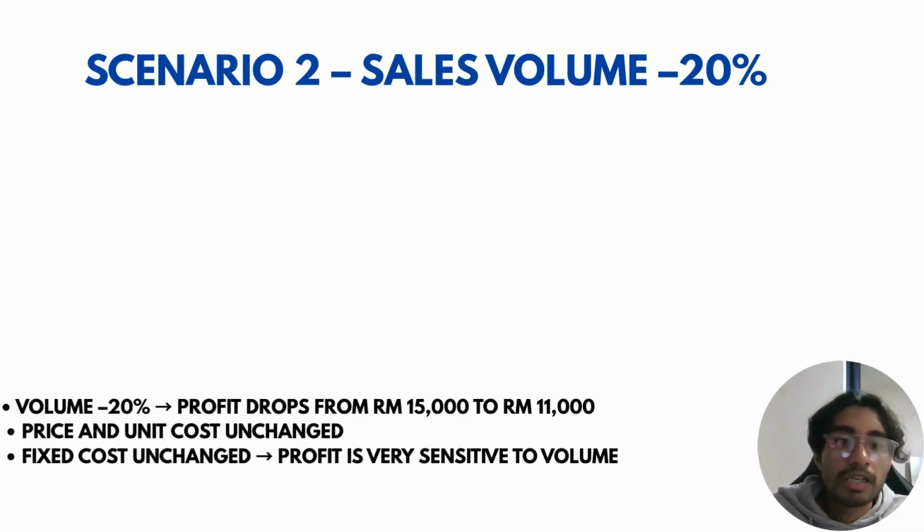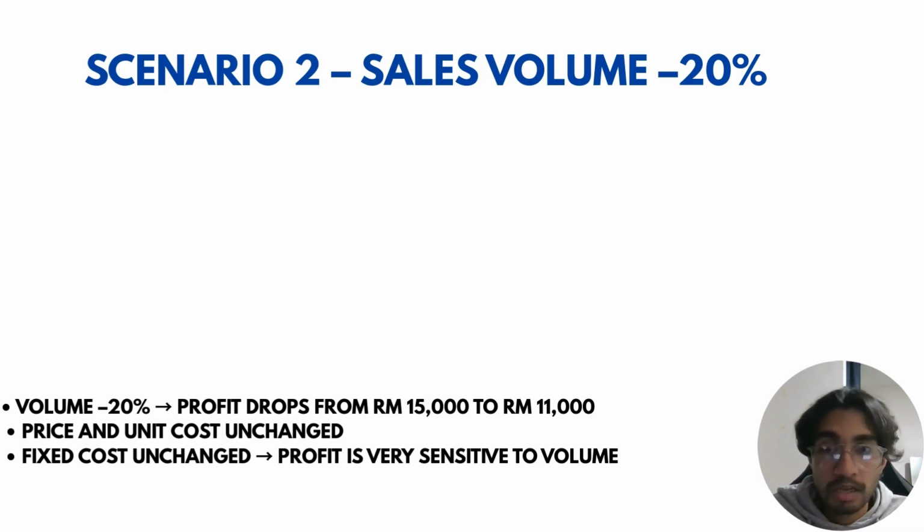Now, in scenario two, the demand falls by 20%, so the quantity drops from 1,000 units to 800 units. Selling price and variable cost per unit stay at 40 ringgits and 20 ringgits. Total revenue falls to 32,000, and total variable cost falls to 16,000 ringgits.